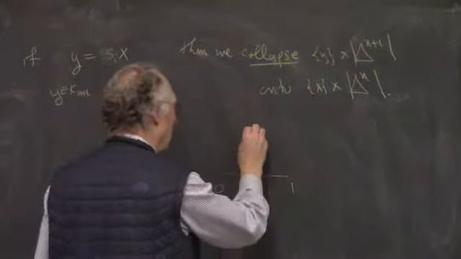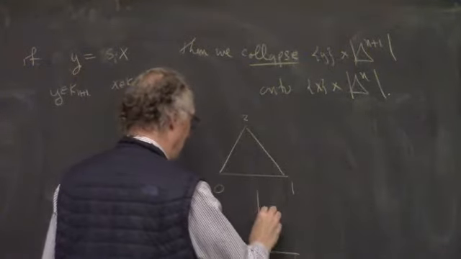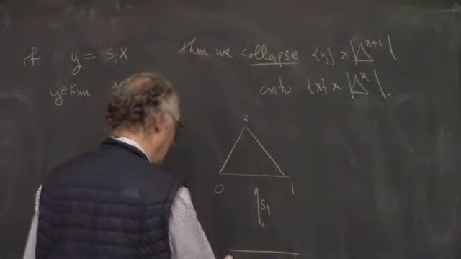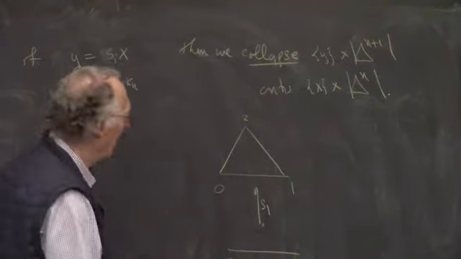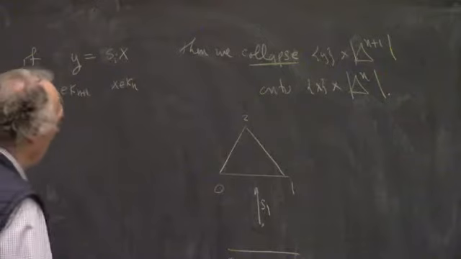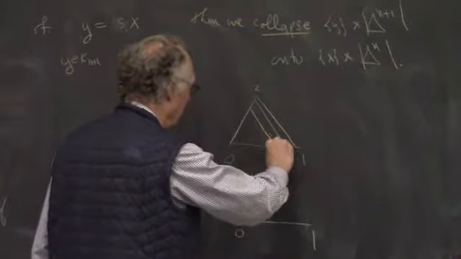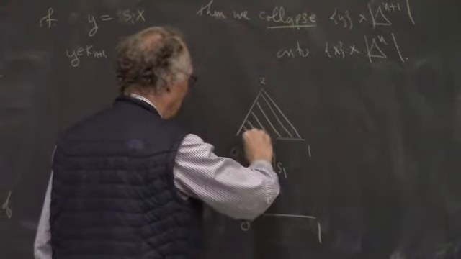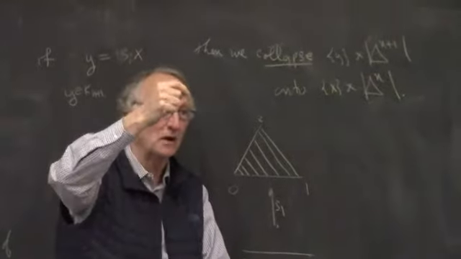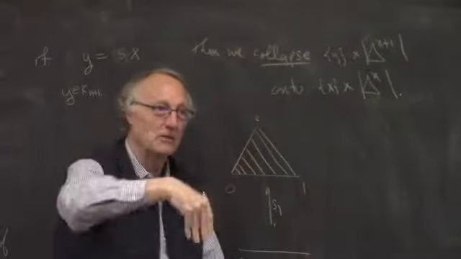If 0, 1, 2, and S_1, then I will collapse parallel to the 1, 2. So remember the doubled edge in the degeneracy is I plus 1. I'm going to collapse all those edges and parallel copies to points.